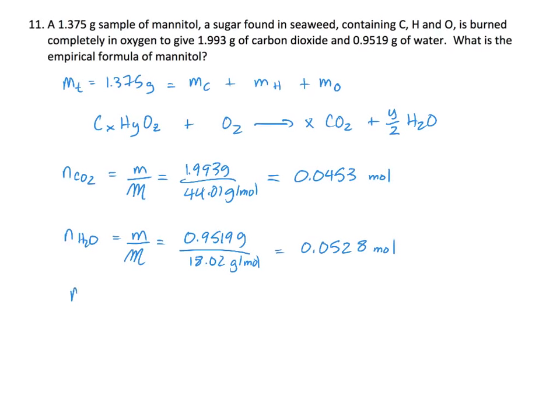So we can say that the moles of carbon, which is, I guess, what we're starting with here, has to be equal to the moles of CO2 produced because they are in a 1-to-1 ratio. 0.0453 mole. Moles of hydrogen is going to be equal to our moles of water times 2, because there's 2 hydrogens in each water.